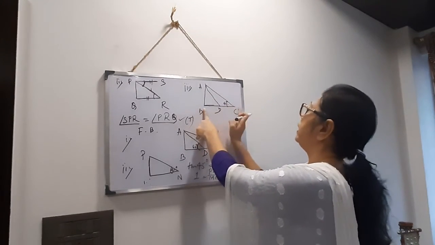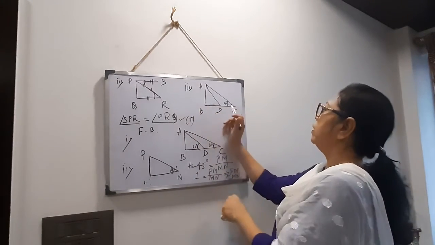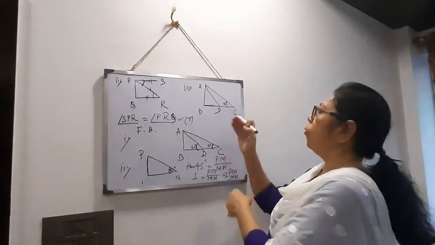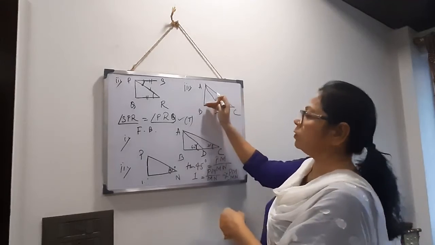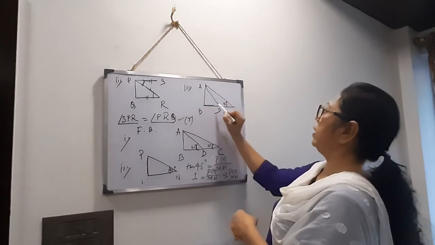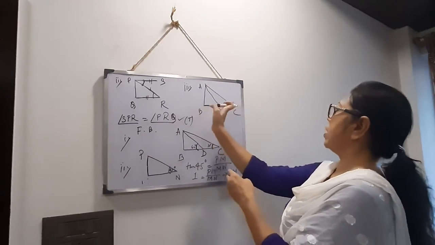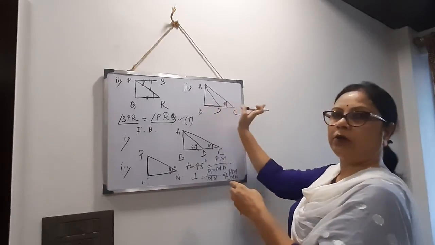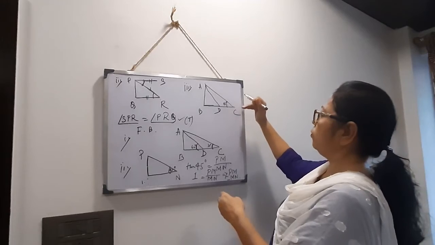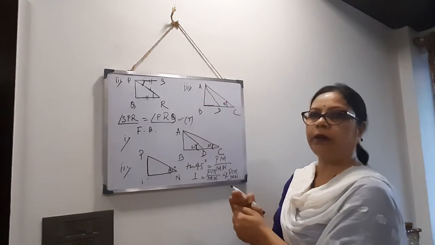Now when the length of shadow is decreasing, becoming BD, is the angle of elevation increasing or decreasing? When it is going towards the foot of the object, this angle becomes more. When it goes far away, the angle of elevation decreases, and when the observer moves towards the foot of the object, the angle of elevation increases.